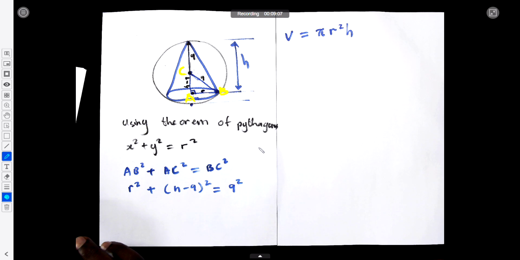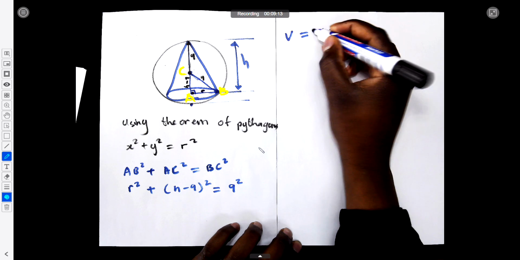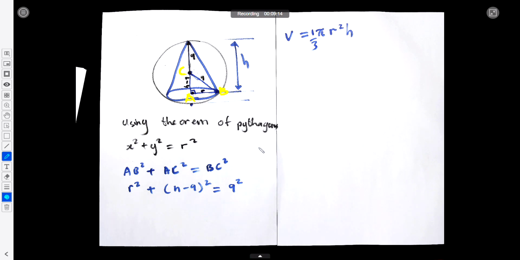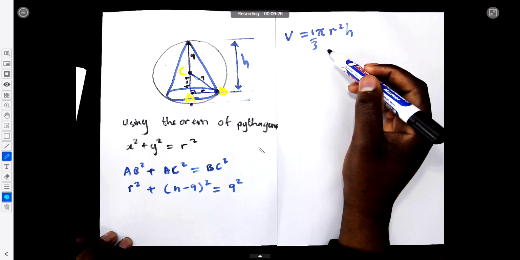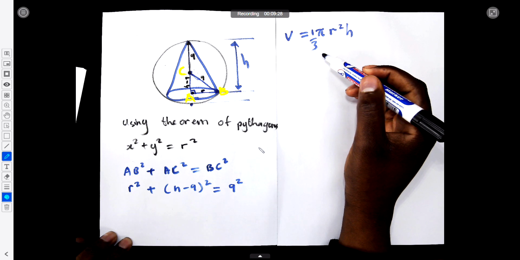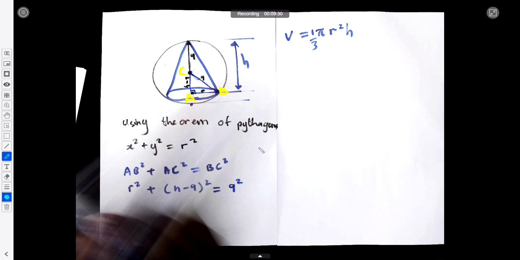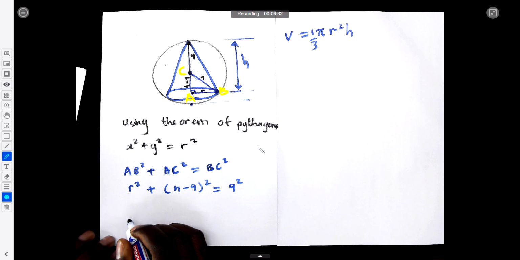So for a cone, it's 1 over 3, because I know the sphere is 4 over 3. So it's one third pi r squared h. That is the volume of a cone. So we will want to determine the maximum height that can be cut out of this sphere.